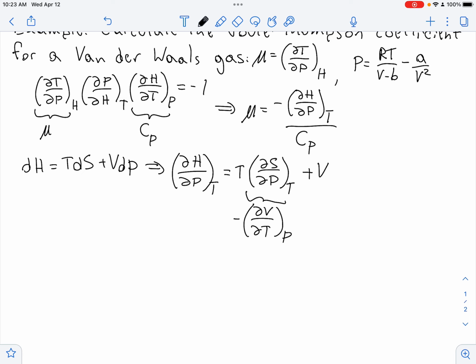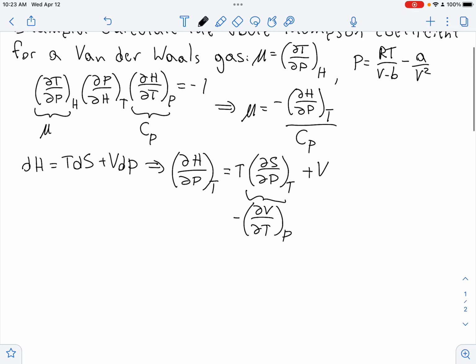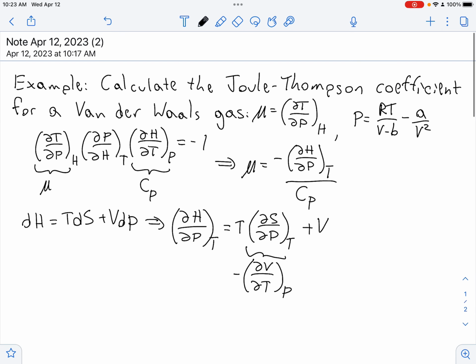And I'm going to use another cyclic chain rule, in this case in terms of P, V, and T. And the reason, notice that if this were the ideal gas law, it'd be straightforward to calculate. You just have to express V as a function of P and T, and you could calculate the derivative.